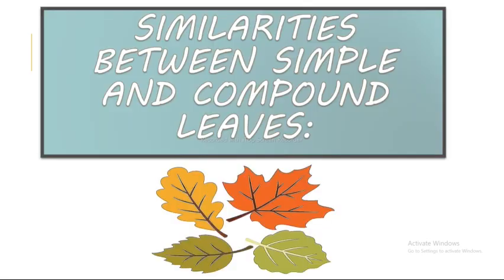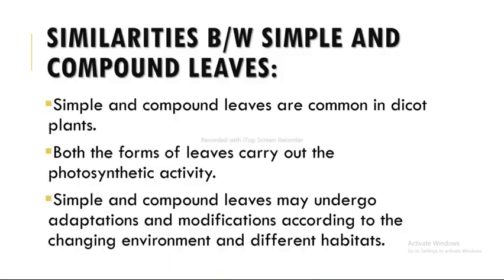So next I'm going to discuss the similarities between simple and compound leaf. These are the similarities between the simple and compound leaves. The simple and compound leaves are common in dicot plants.